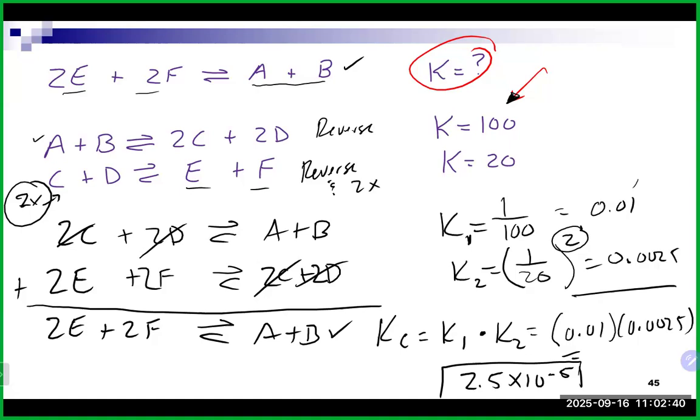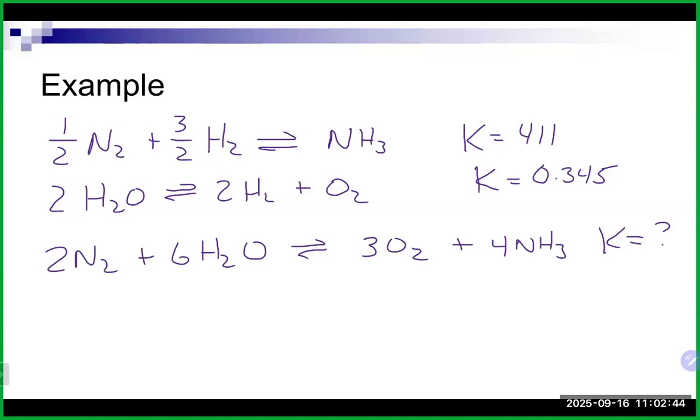Other questions? Let's try one more here, maybe to finish up. What is the K value of our overall reaction here based off of these? Okay, since we're getting to the end here, let's see how you're doing.